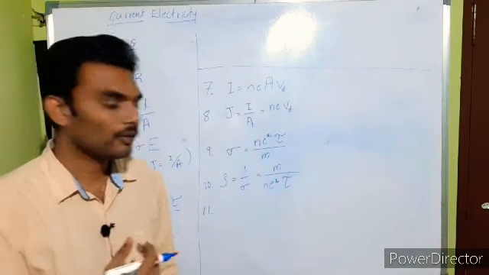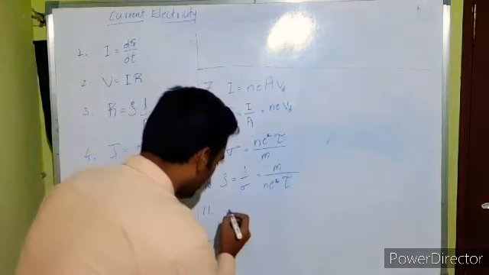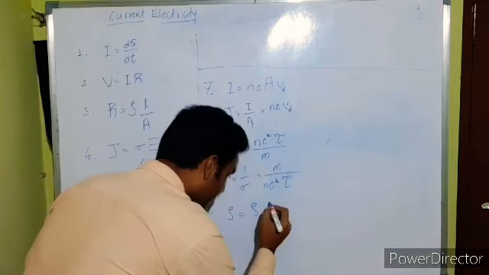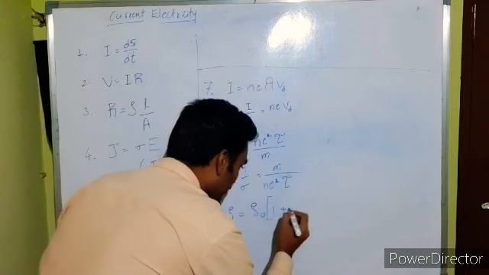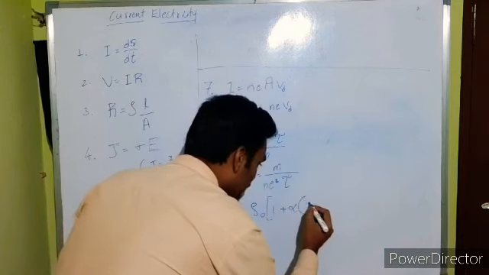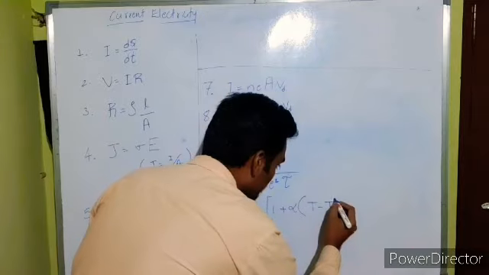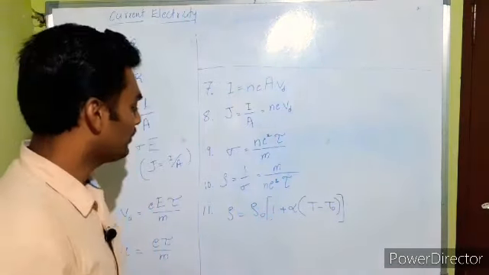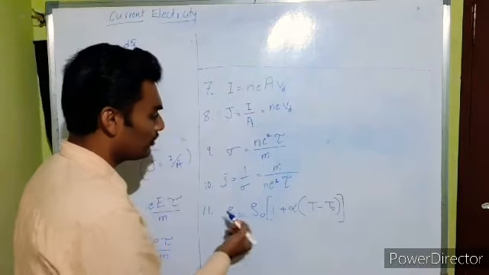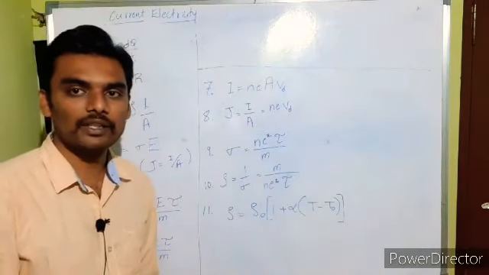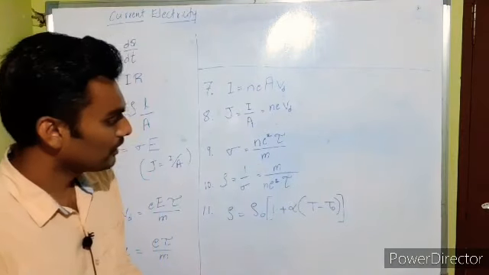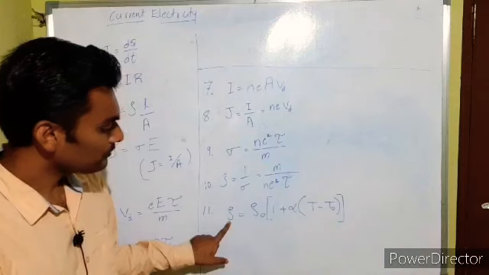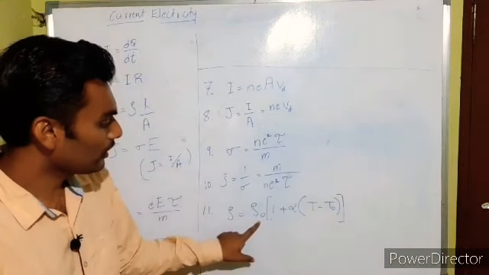Let me write the expression once: rho is equal to rho naught of 1 plus alpha into T minus T naught. Look at this expression. Here rho generally represents the resistivity. Even here rho represents resistivity, but there is a difference between the rho and the rho naught here.